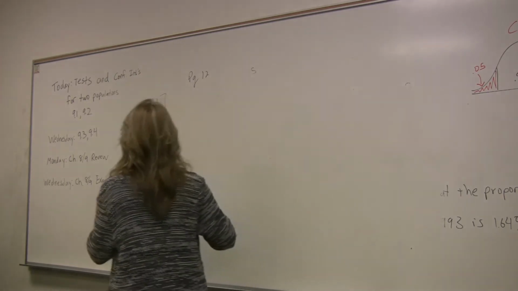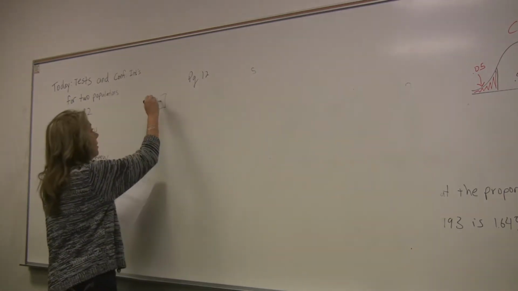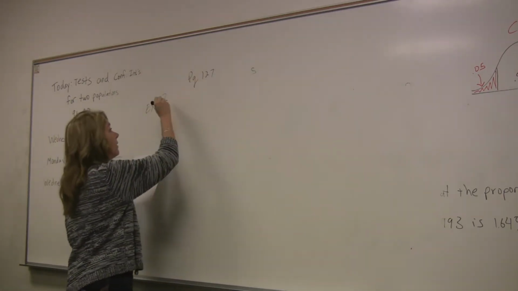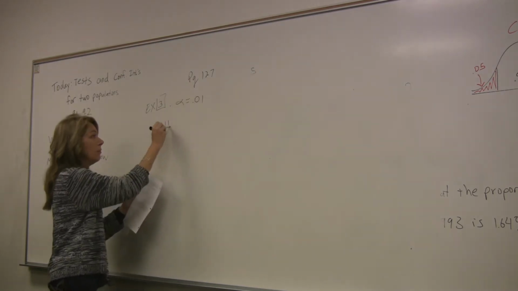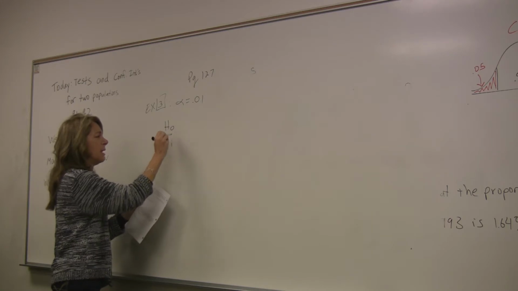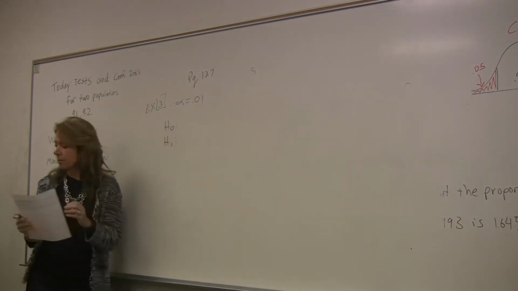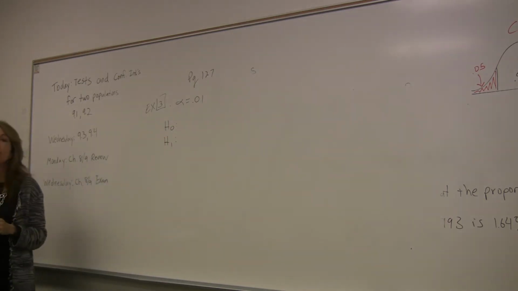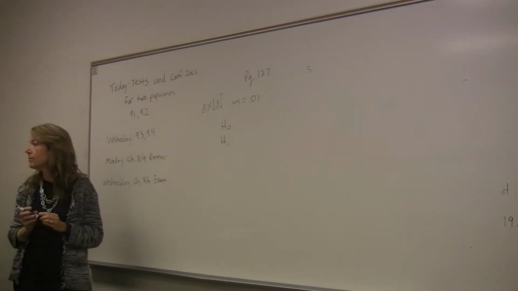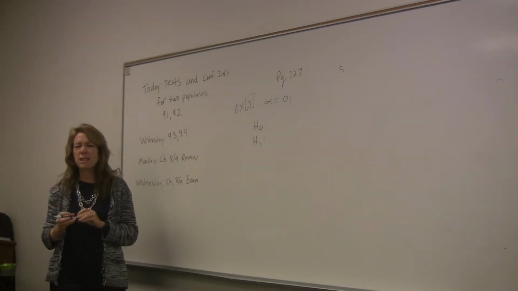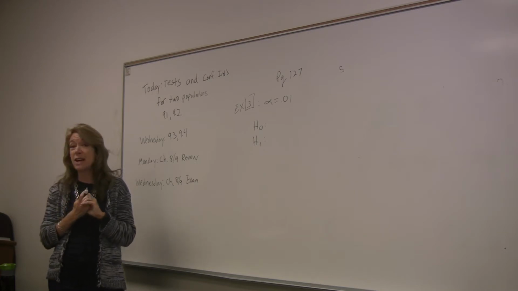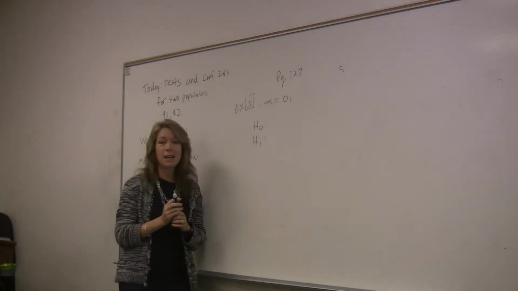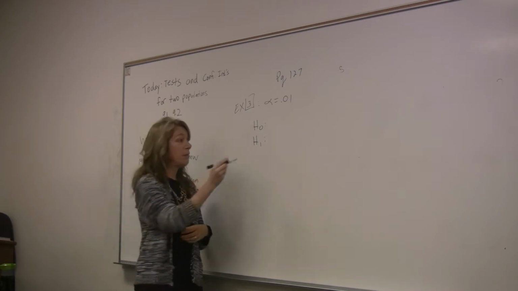We have an alpha of 0.01. What is the claim? Did they have different success rates? What's not equal? The success rate? P1 and P2.